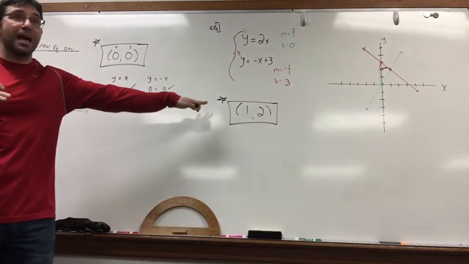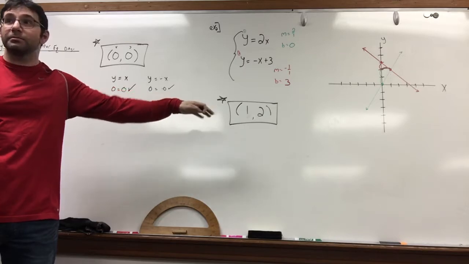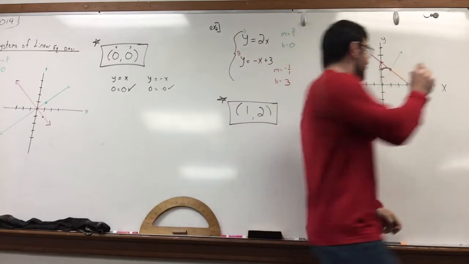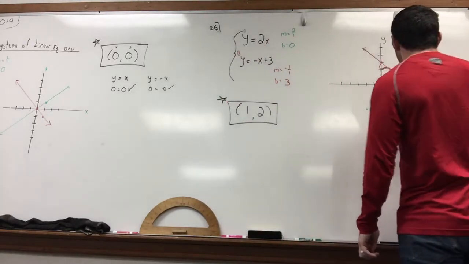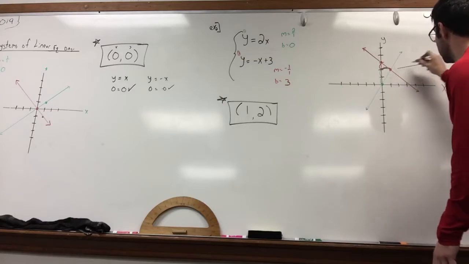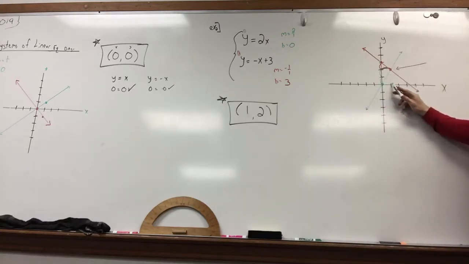Should I trust that? You have to check it. How did I get that? Do you see where it's intersecting? Where the intersection is, we're looking for the ordered pair. You do your x first, which is 1. What's the y? 2.